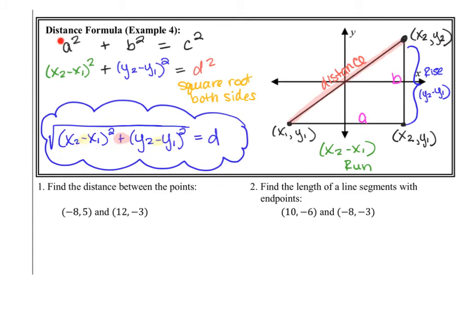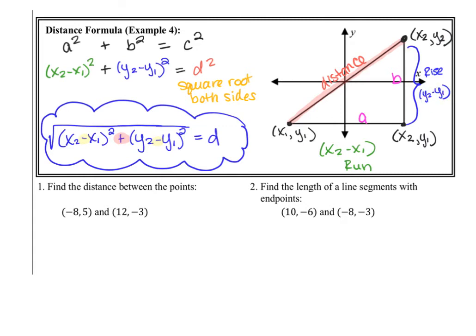Remember, the distance formula is very similar to the Pythagorean theorem. When we're given a segment in a coordinate plane, but we don't know what the length of that segment is, we can subtract the values to help us find the length of the segment. If this was my A, I would subtract these numbers to get the A term, and the same would be for the B. If I don't know what the length is for this segment, I could just subtract the y values and it would give me that length.